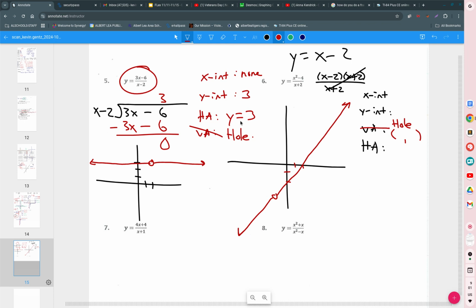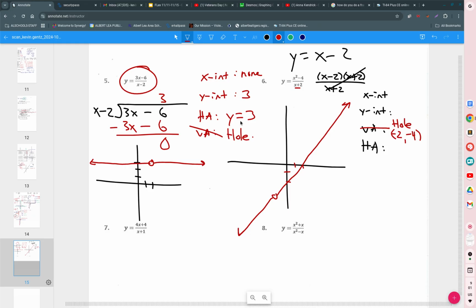What is the x value for where that hole occurs? Negative 2. To figure out the y value of where that hole occurs, we just plug in negative 2 into what it wants to look like. Negative 2 minus 2 is negative 4.